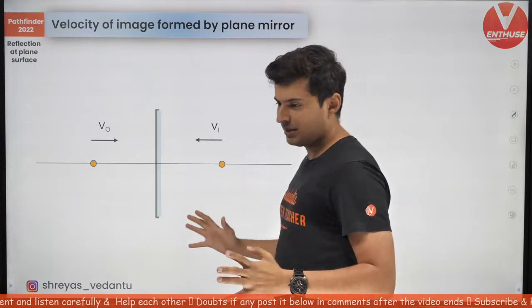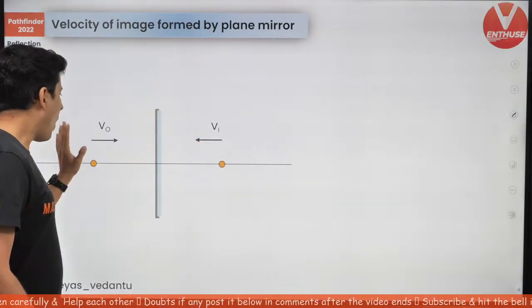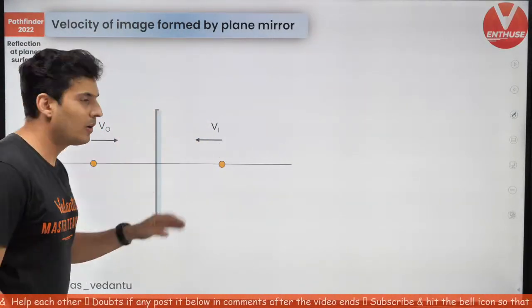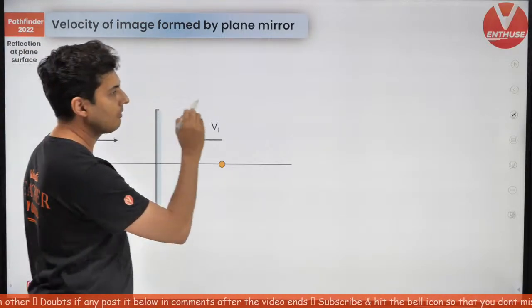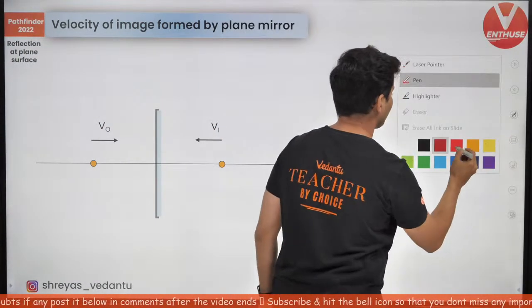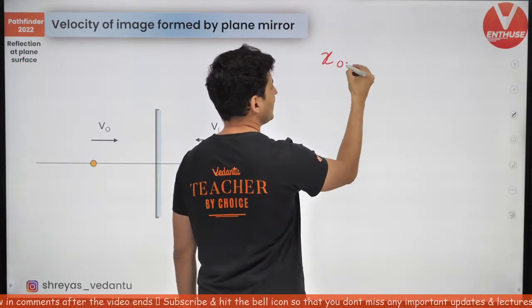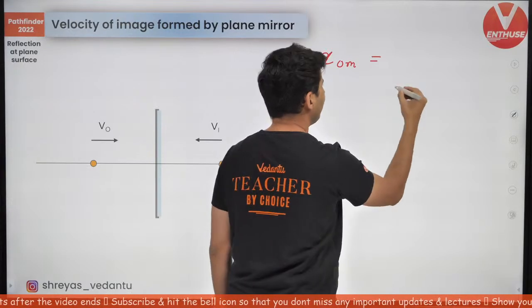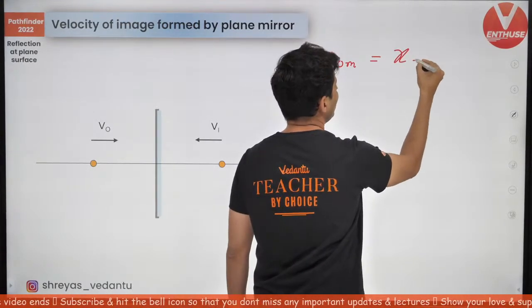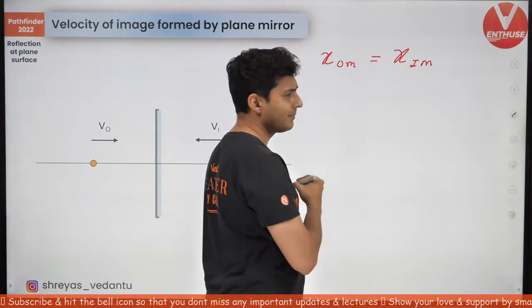See, it's very simple. Object and image distances are always the same, correct? The x, which is the object distance with respect to the mirror, is always the image distance with respect to the mirror.